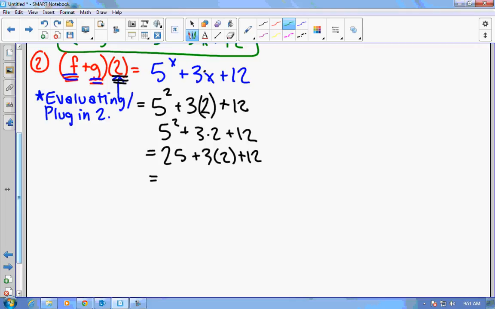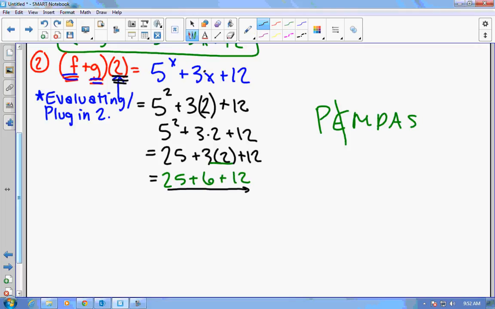Parentheses comes before exponents. We just did exponents, so the next guy in line is multiplication. So we need to multiply those. 25 plus 6 plus 12. And with addition and subtraction, we go left to right.